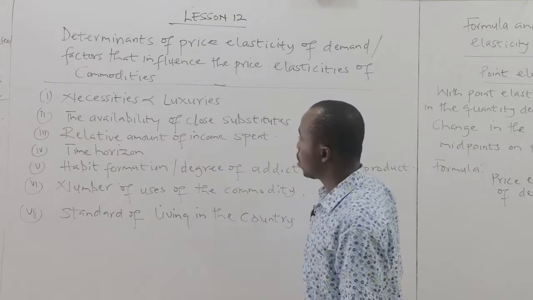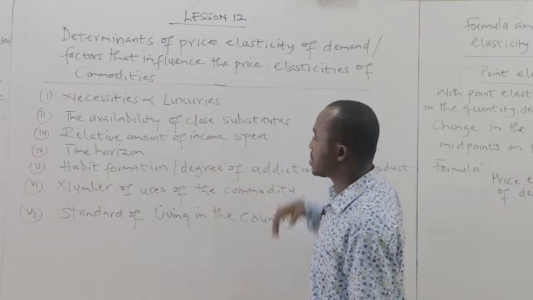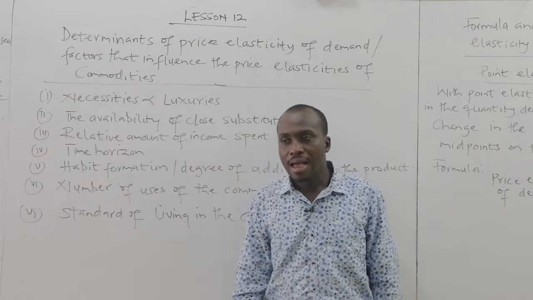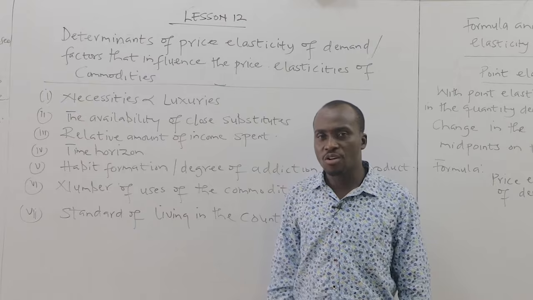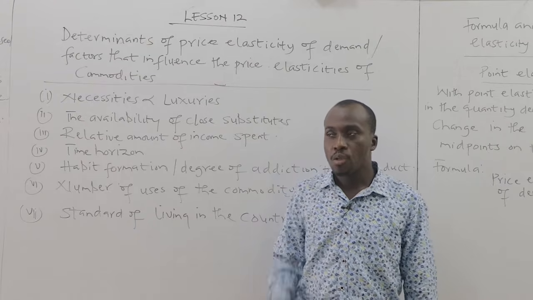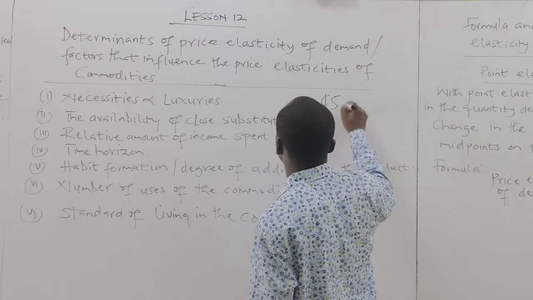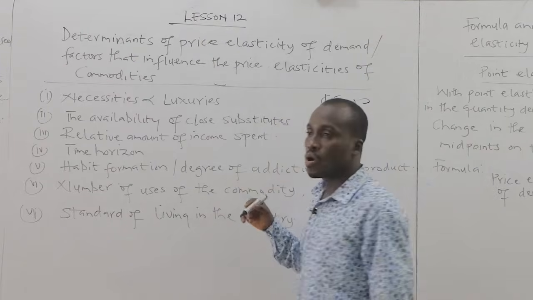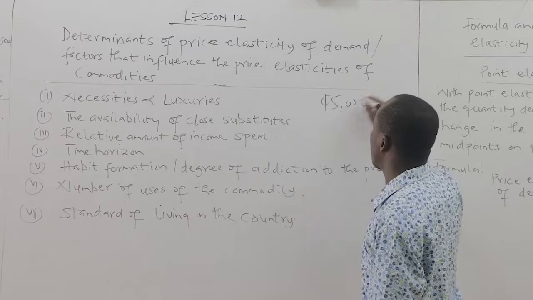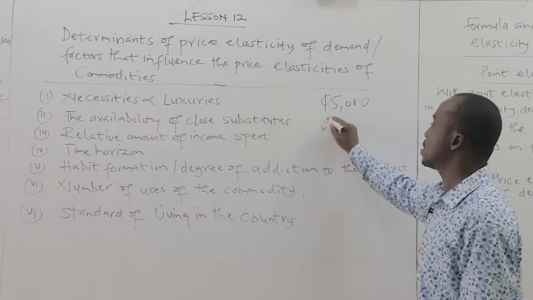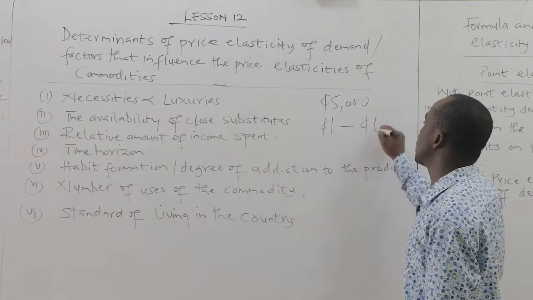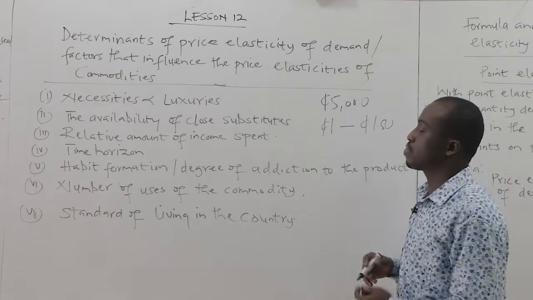Another factor is the proportion of income spent. How much of your income do you spend on the commodity? Let's assume that somebody who earns 5,000 Ghana cedis is going to buy a pen. The pen was 1 cedi, and now the pen is 1 cedi 50 pesewas.